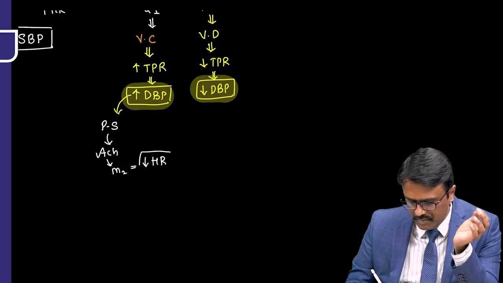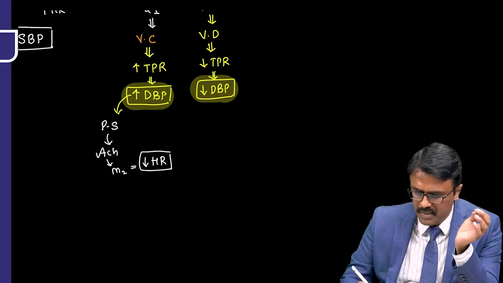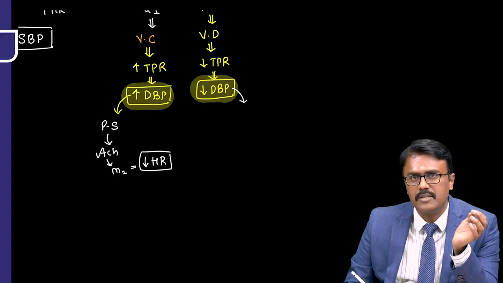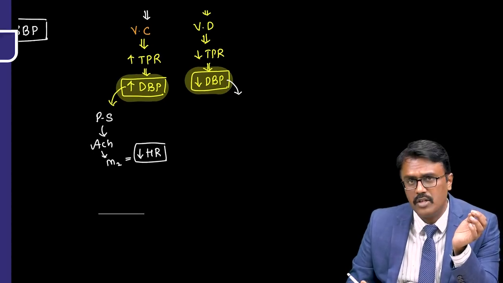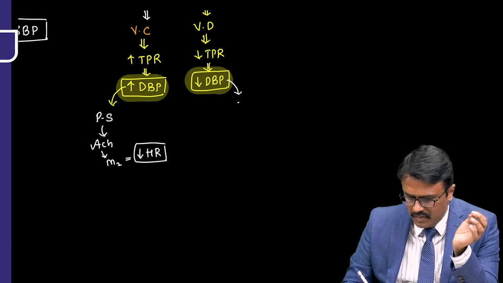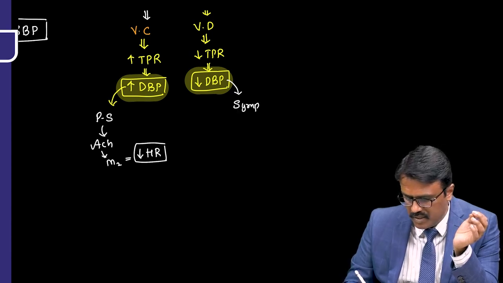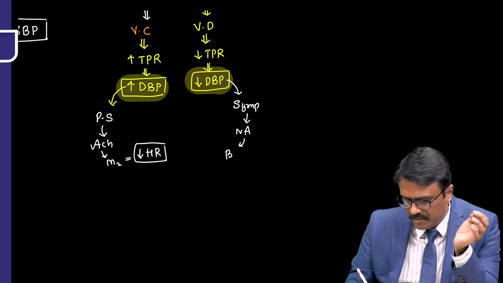So we call it reflex bradycardia. Whenever the diastolic BP falls, what happens? There is activation of sympathetic system, there is release of noradrenaline, it acts on beta 1 receptor in the heart, and there is increase in heart rate.